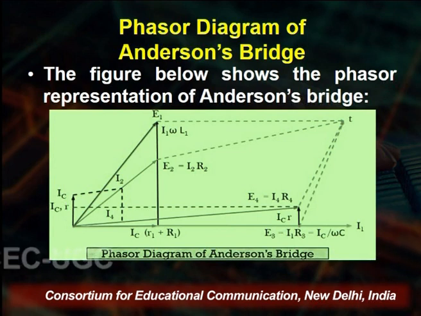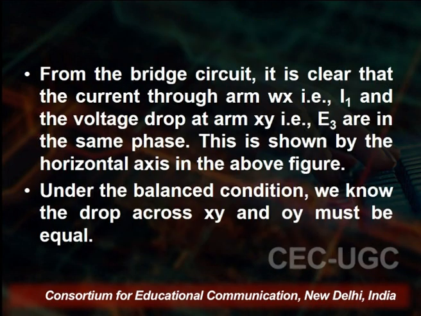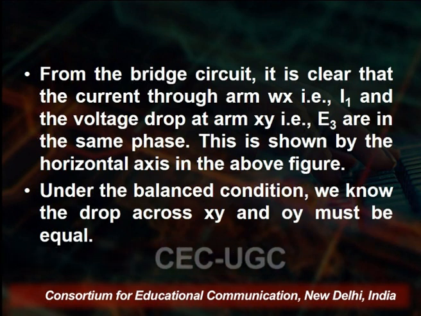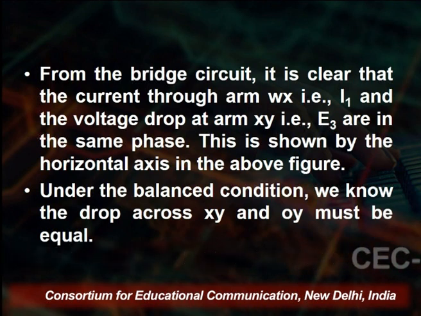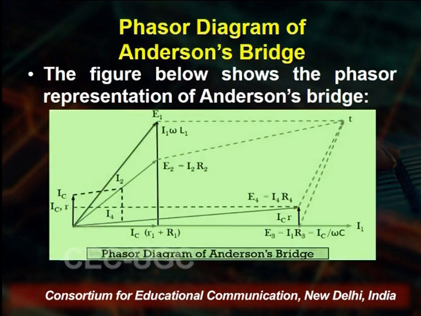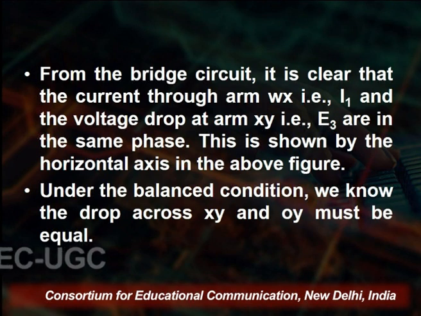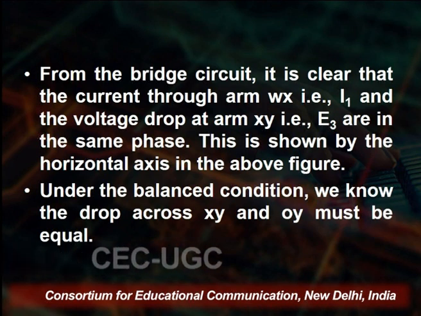From this diagram we can see that these are represented by the horizontal axis. Now, under the balance condition, we know that the drop across xy and oy must be equal.